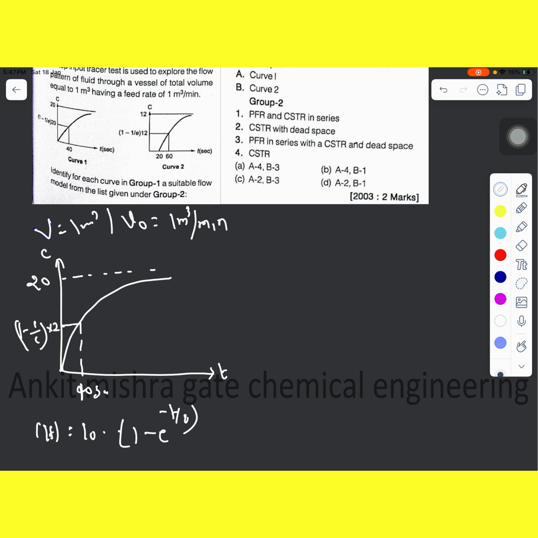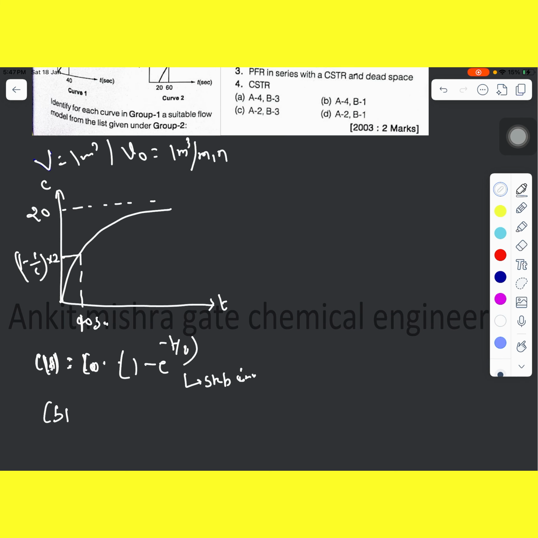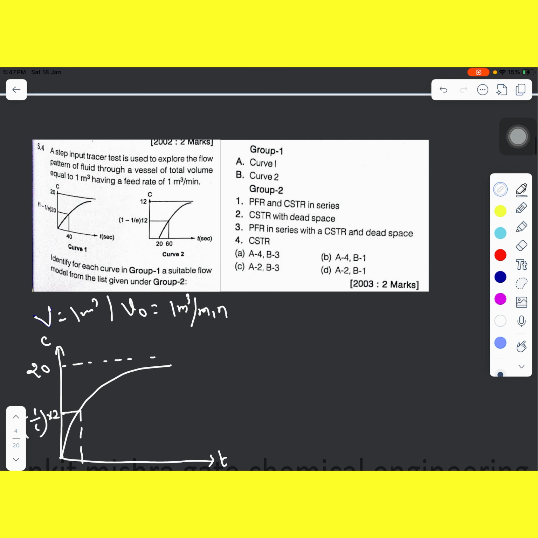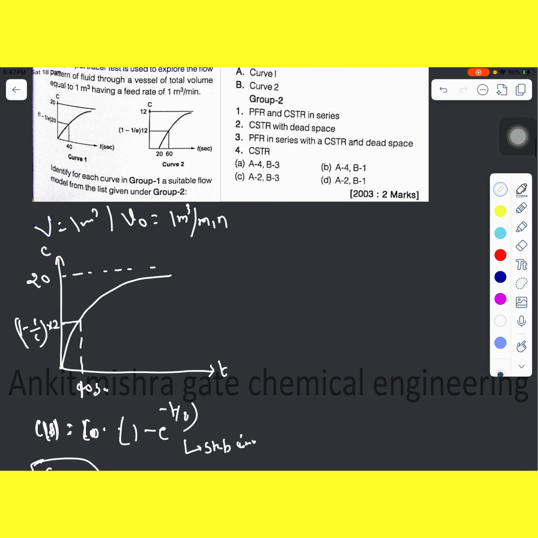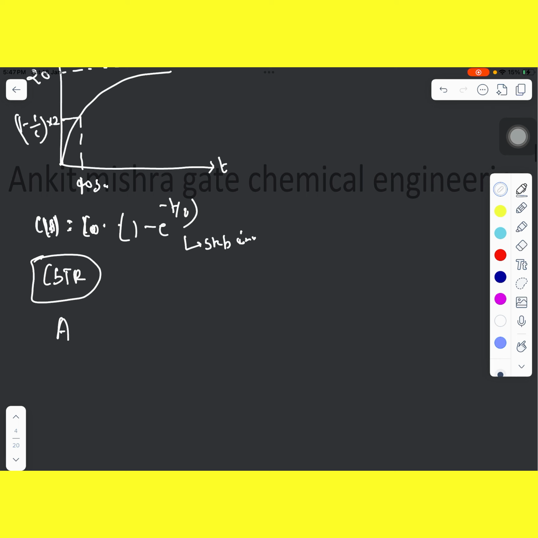So this curve looks like the output response or concentration of tracer at any particular time t while using the step input of CSTR only, right? So curve 1 indicates your CSTR. If you see that curve 1 is your option A, the option will be 4. So A is 4.